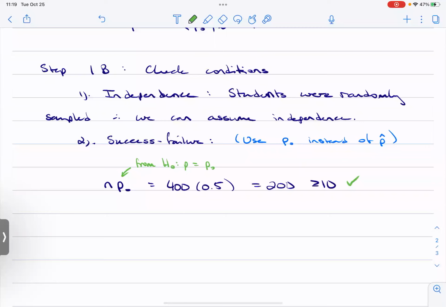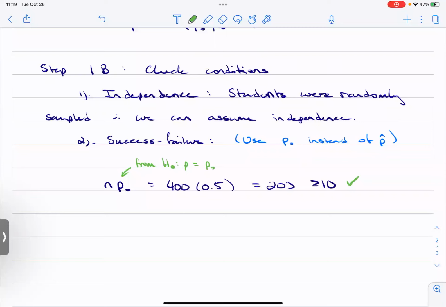So that checks out. It'll always check out for these questions that we're doing. And even if it doesn't, there are ways to deal with that, but we're not going to tackle those. But we still have to do it because in real life, they're not necessarily going to check out. They're not curated like they are here.